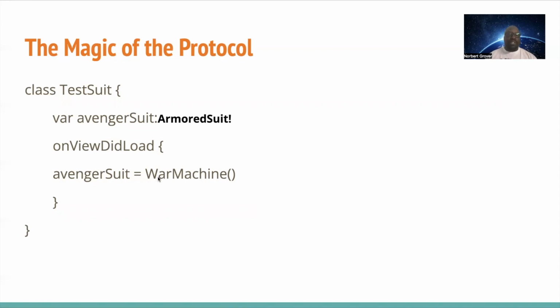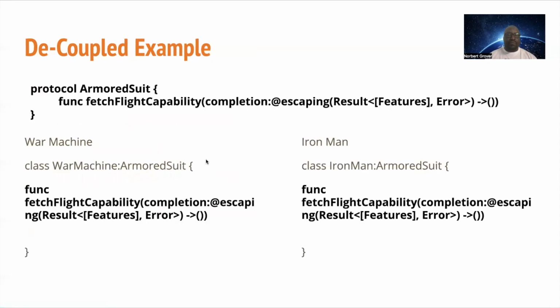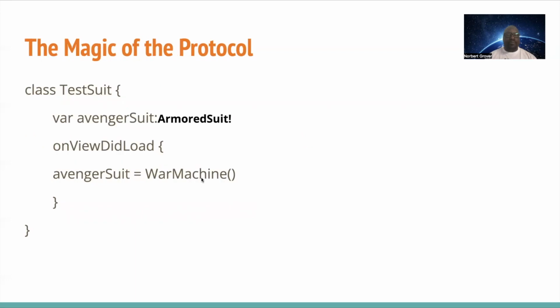Instead of saying War Machine, I could say Iron Man, right? So that's how you have it decoupled. When I declare it here, the instance doesn't have to be a War Machine or an Iron Man. You can pick, and you can swap them out at later times in the development process.